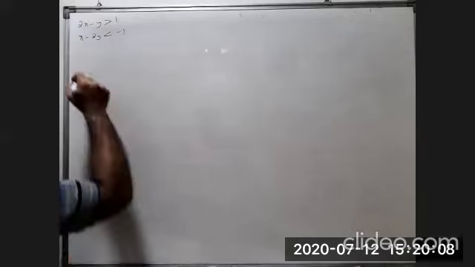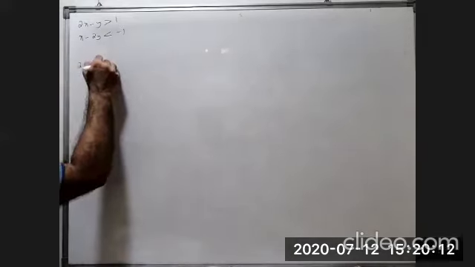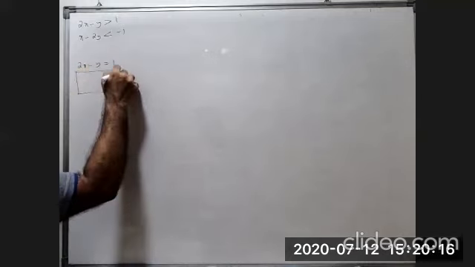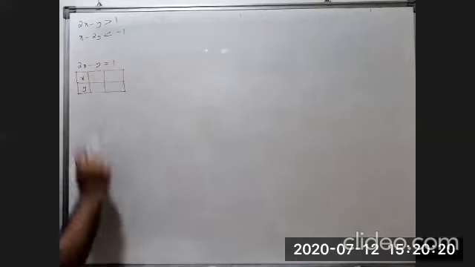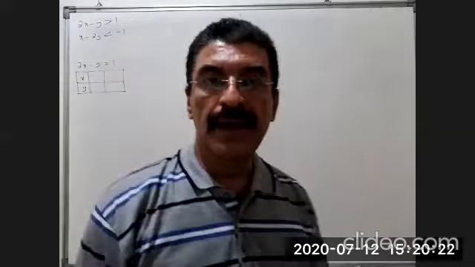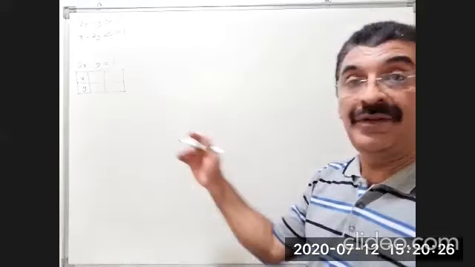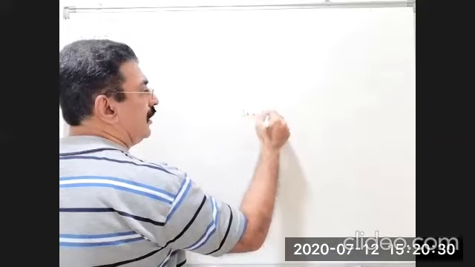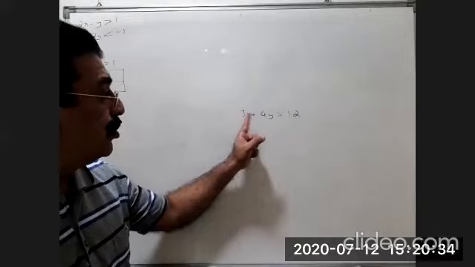See, to draw a graph of 2x minus y is equal to 1. Again, last year you had it. Don't waste a lot of time in these calculations. To avoid fractions, see that previous question, if you are getting 3x plus 4y is equal to 12, here both are factors of 12.